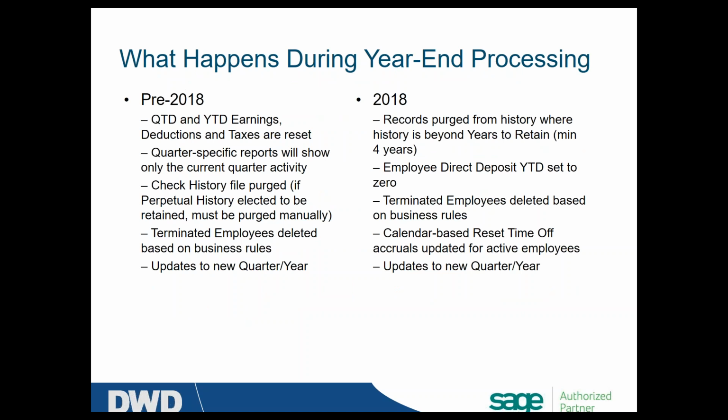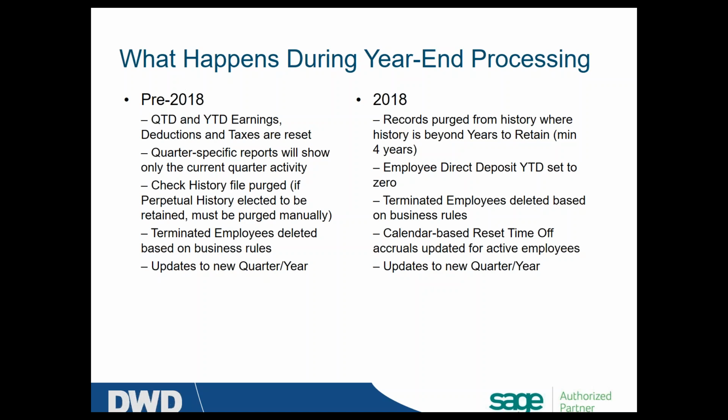What really happens during our year-end processing? In the legacy versions, things like your quarter-to-date and year-to-date earnings and deductions and taxes all get reset. That is why it is not plausible to reopen a prior period. Quarter-specific reports, if it has quarterly in the title, will only show the current quarter's activity.